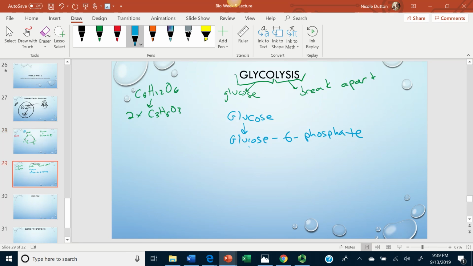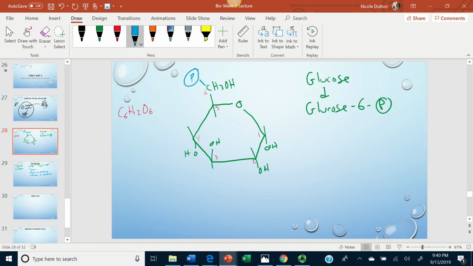From glucose 6-phosphate, it turns into fructose 6-phosphate. So now we rearrange this molecule, we open up the chain and then put the chain back together, but when we do so, fructose now looks like this.